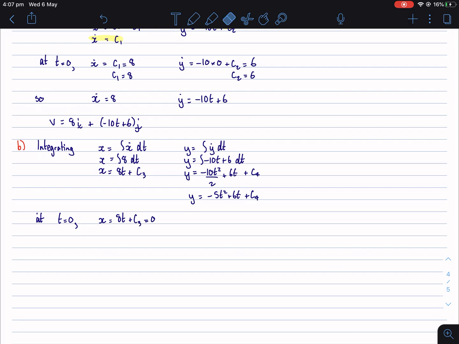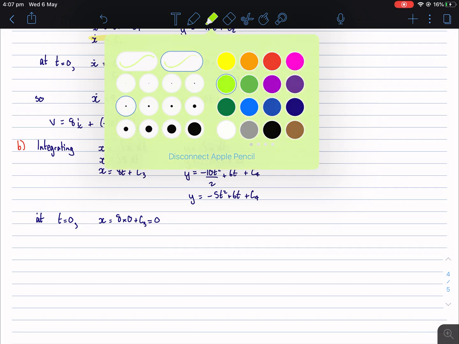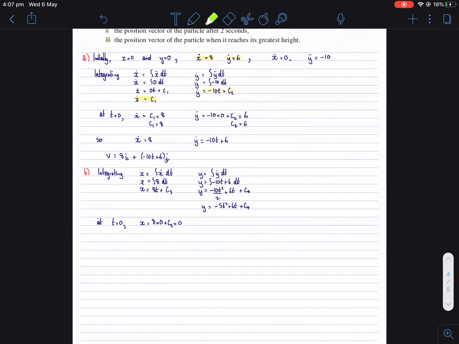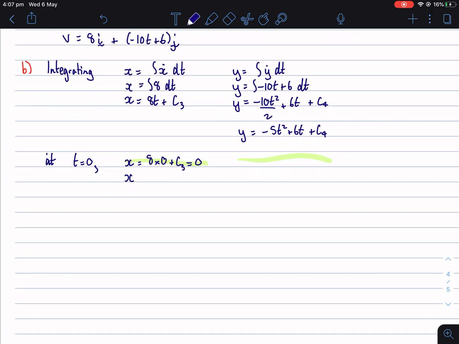Well, it's 8 times 0, sorry. And this will be similar. So we get c3 equals 0.